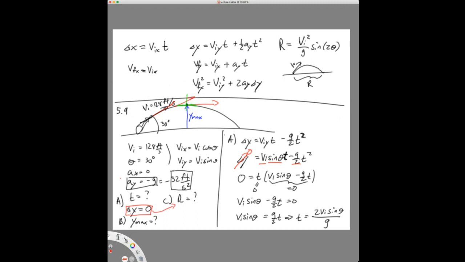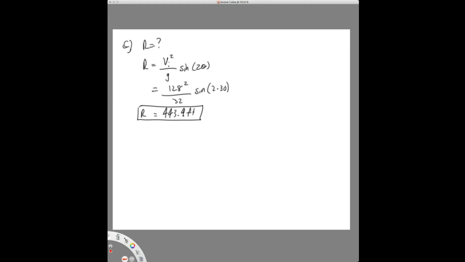And if I don't have delta y equals 0, then I cannot use the range equation. All right, does anyone have any questions about parts A, B, or C of this problem? No? Okay, let's do a new problem.